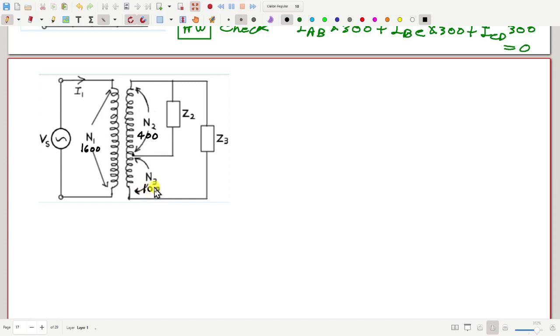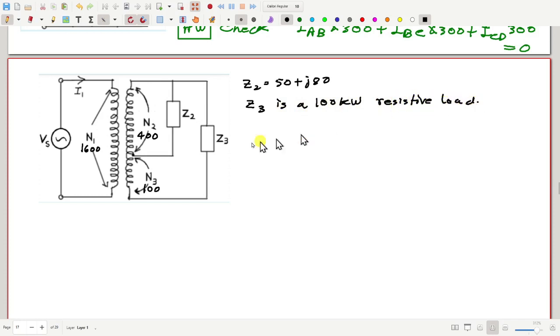Then the impedance Z2 is given as 50 plus j80, and Z3 is said to be a 100 kilowatt resistive load. The supply Vs is given as 5 kilovolt.